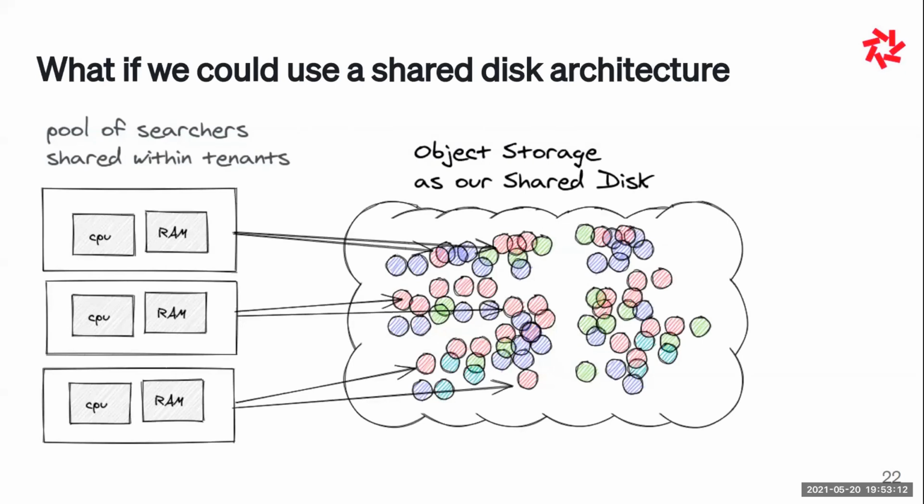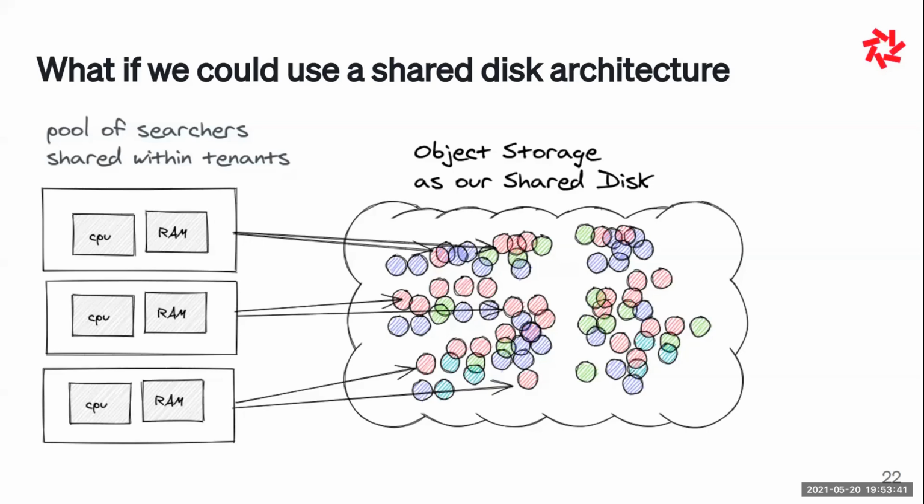So what if we could do a shared disk architecture? I don't know if you are familiar with this idea, but it exists in some exotic databases. You have a shared disk on the network, and your different servers take the data from the shared disk and run the computation locally.